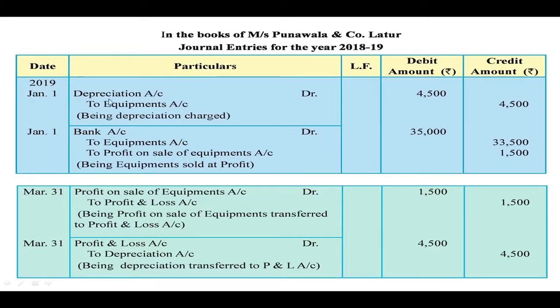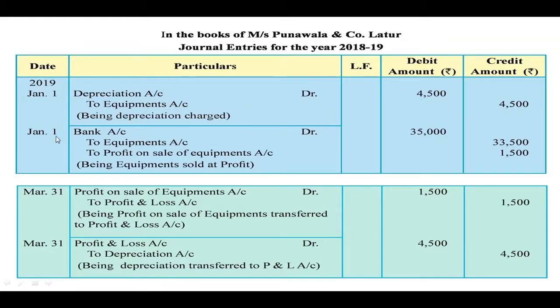So the journal entry is depreciation account debit 4,500 to equipment account 4,500. Being depreciation is charged, you have to understand that depreciation is the loss in the value of asset. Therefore, depreciation account is debited. And since the equipment loses the value, equipment account is credited.